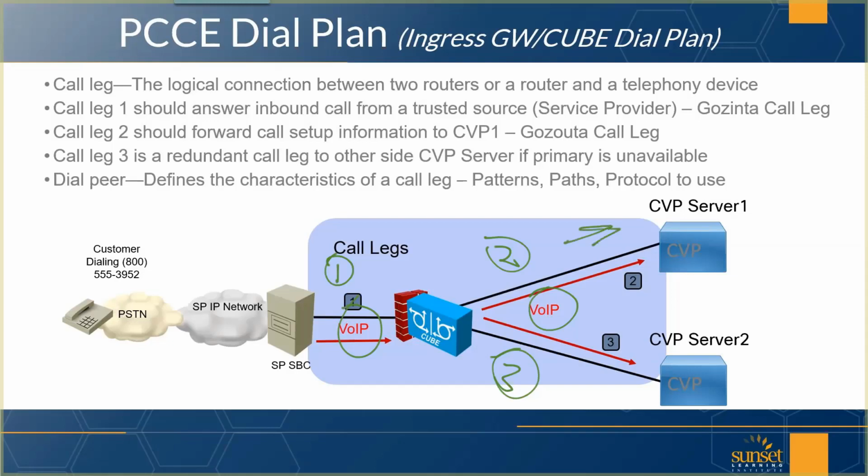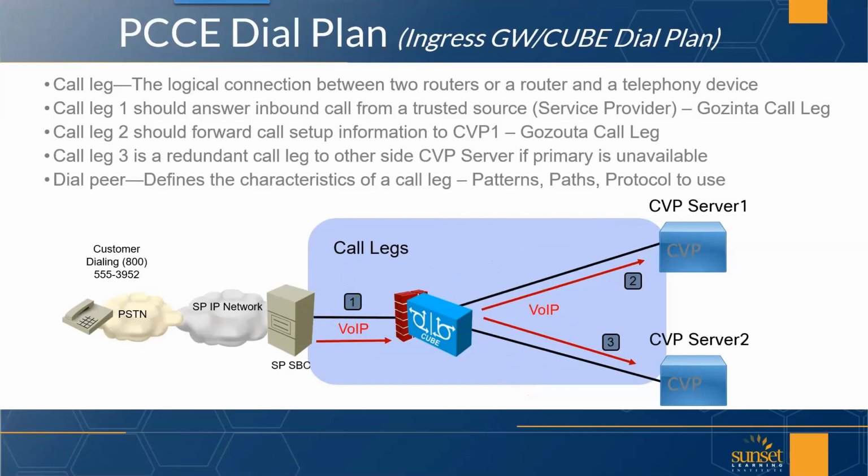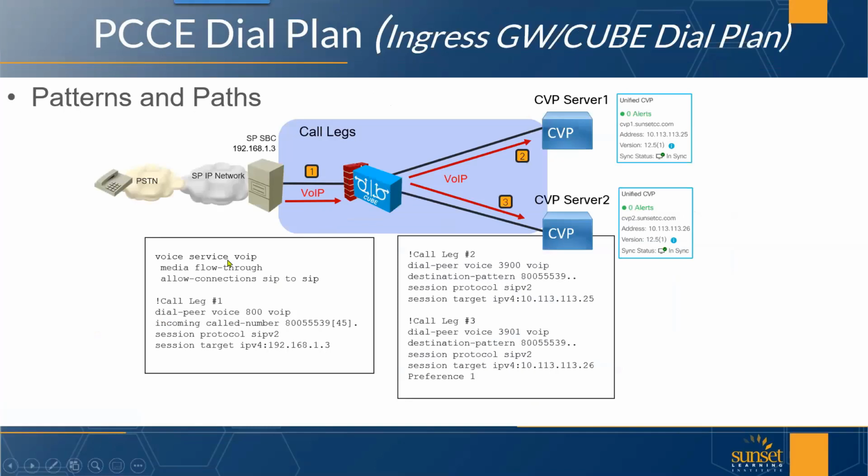And call leg 3 is a redundant call leg to the other side CVP server if the primary is unavailable. The dial peers, so called in this gateway, are defining the characteristics of a particular call leg. They'll define the pattern, the path, and the protocol that needs to be used. And this again is provided here in a little more detail.